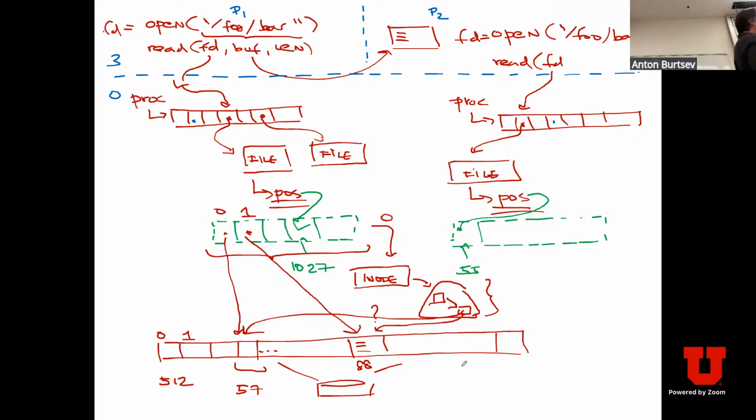So the difference between the file and an inode is that a file only exists when a process opens it, right? And it also has a name. An inode exists even when the system shuts down. So essentially, inodes, these data structures, are actually saved in some of these blocks on disk as well, and they are persistent.